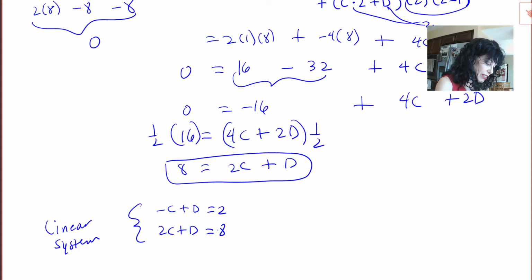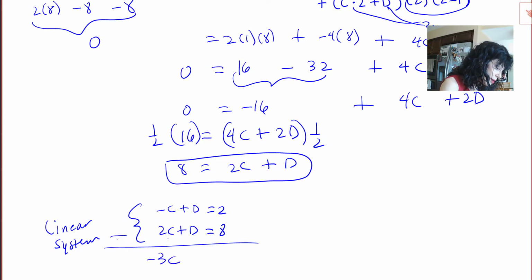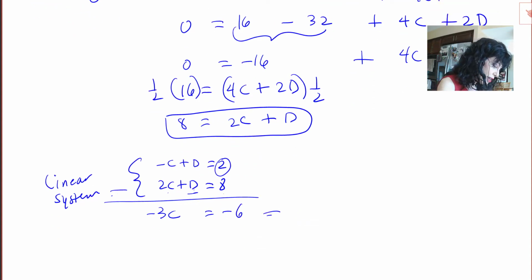Well, there's a couple ways, but one way, I'm going to subtract the bottom equation from the top equation and eliminate d. So I have negative c minus 2c, so that gives me negative 3c, but then d minus d is 0, the d goes away, and then 2 minus 8, that's negative 6. And so, hey, I can get c. If I divide both sides by negative 3, I'll get c is equal to 2.